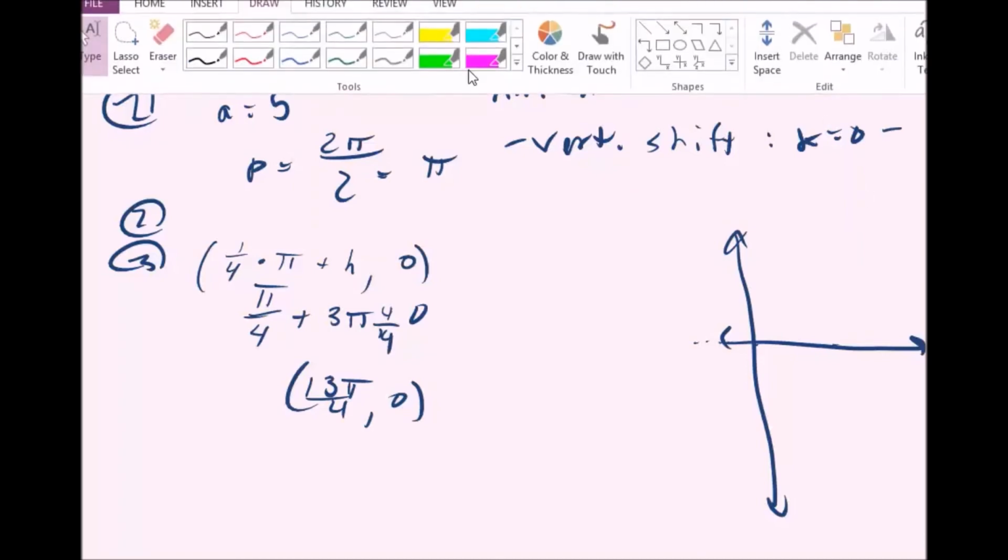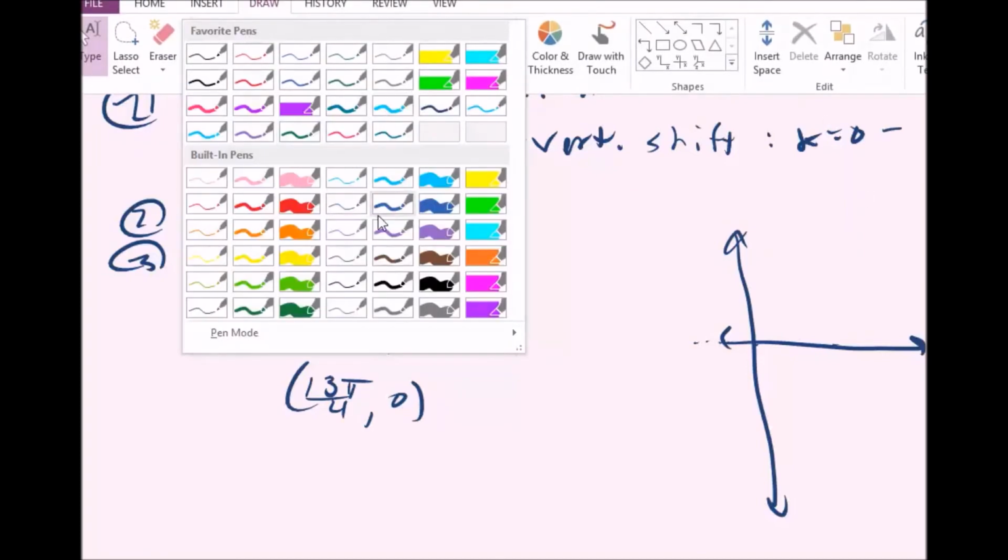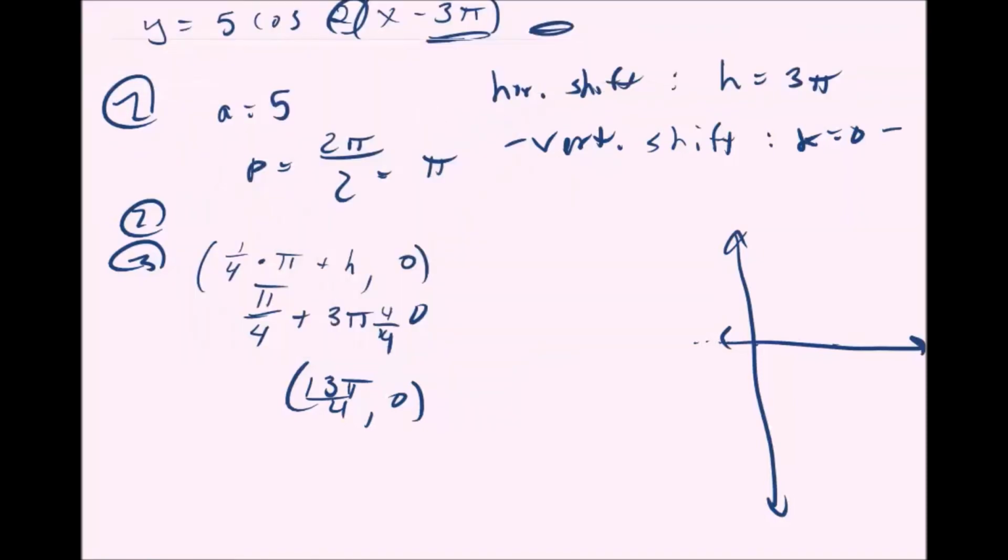We have one more x-intercept, and that's going to be, according to 14.1b, the new x-intercept for the second intercept is 3/4 times the period, pi, comma 0, but of course because we have a horizontal shift we have to add h. So we have 3 pi over 4 plus 3 pi, comma 0.